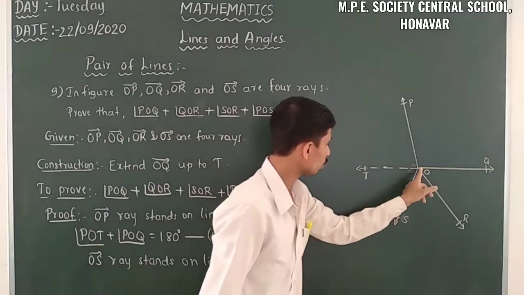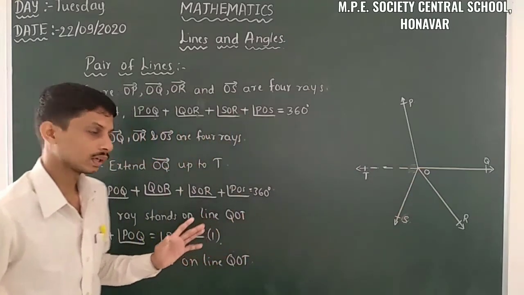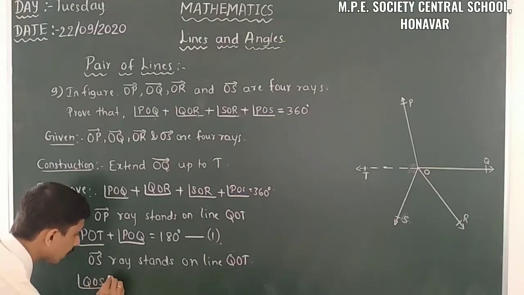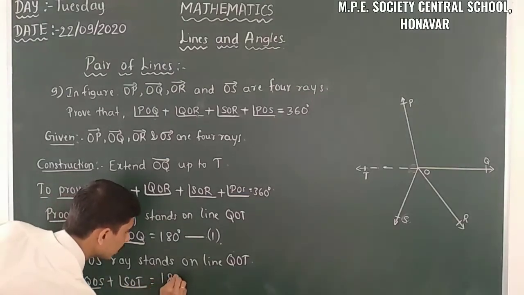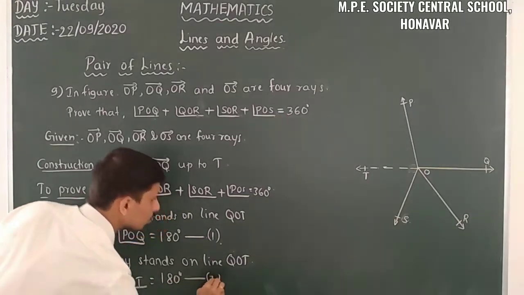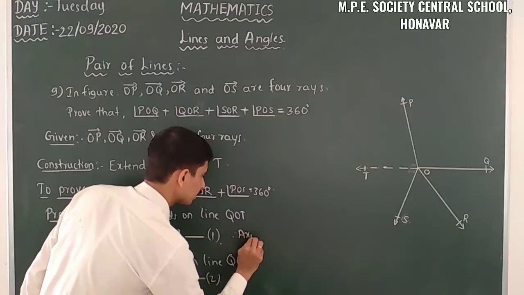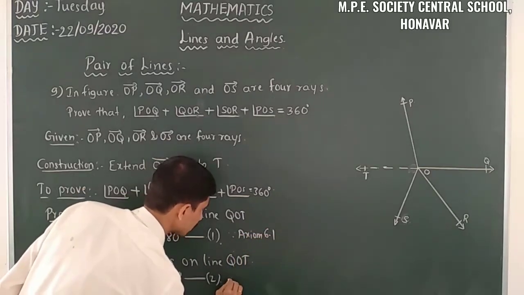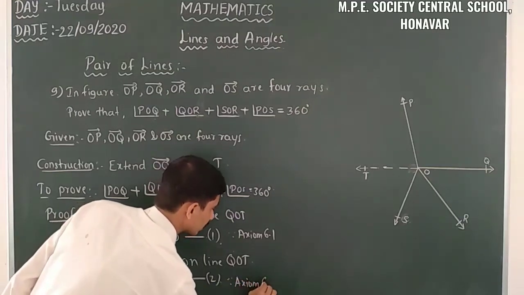That is, angle QOS plus angle SOT is equal to 180 degrees. This is equation number 2. Both we get from axiom 6.1. Here it is also from axiom 6.1.